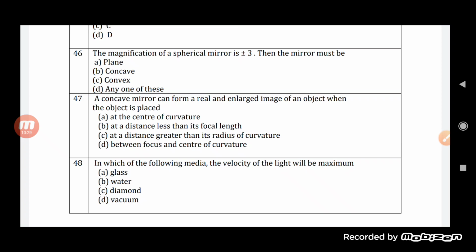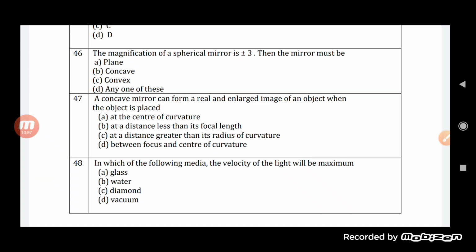Obviously it will be the concave mirror, in which such a magnification can be seen, plus or minus both. Next, a concave mirror can form a real and enlarged image of an object when the object is placed at the center of curvature?